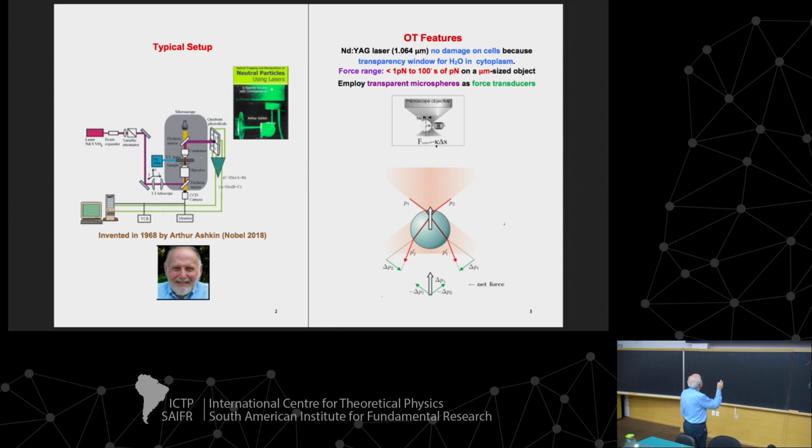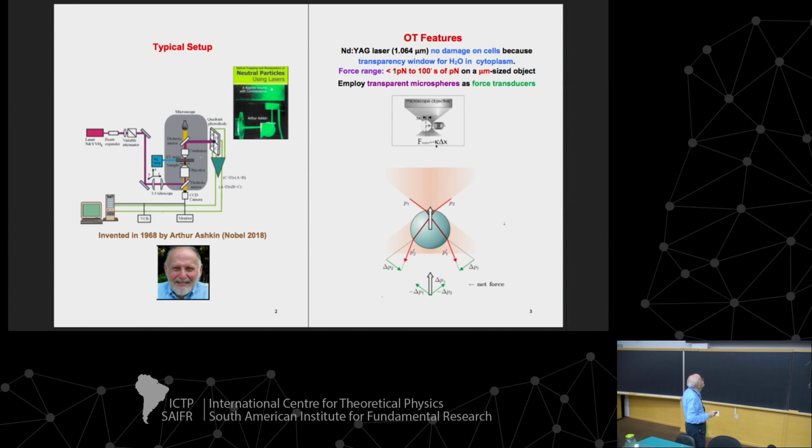And at the same time, you want to see what is going on. So you also have visible light illumination that goes through, because this is dichroic, to a CCD camera, which is monitored, and you can follow this in real time on the screen, okay?